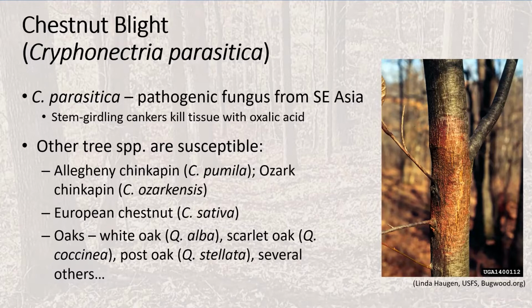Over time, in fairly rapid succession, an infected tree would have those girdling cankers slowly kill the canopy and the entire plant. I've listed some of the other susceptible species here, some of which would develop stem cankers, but some of which simply housed the infection and served as an infection source that helped spread it to chestnuts across its range.